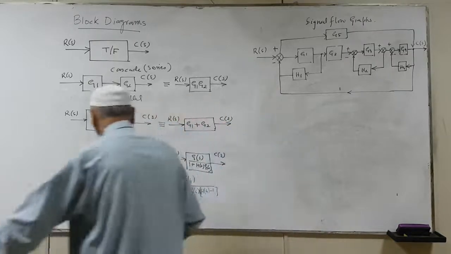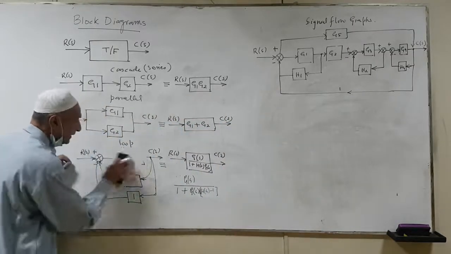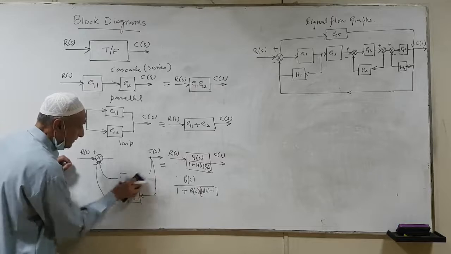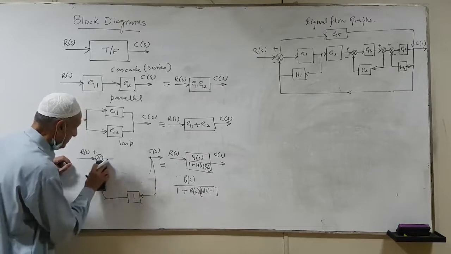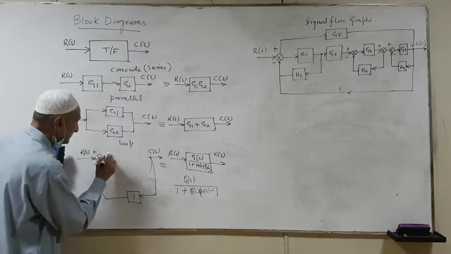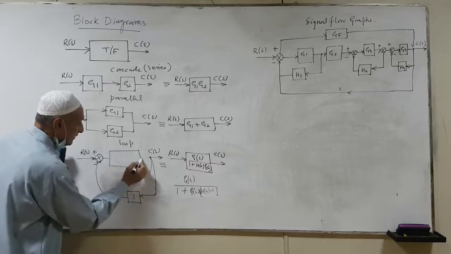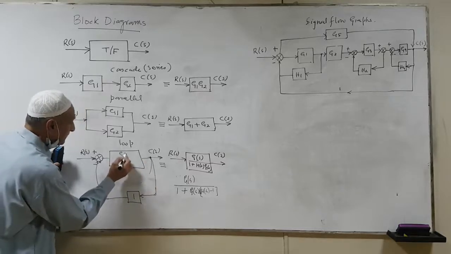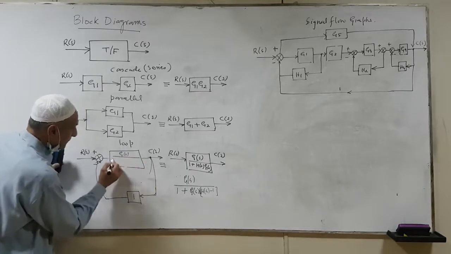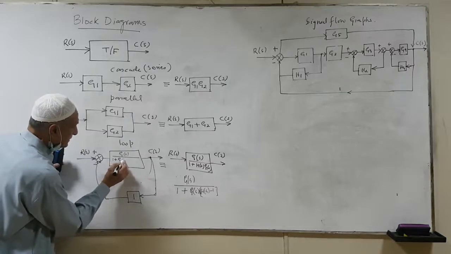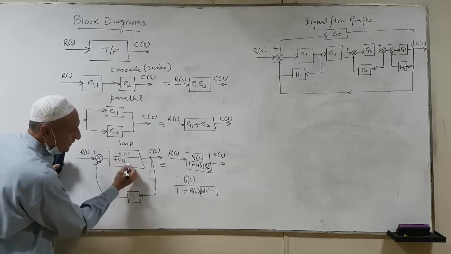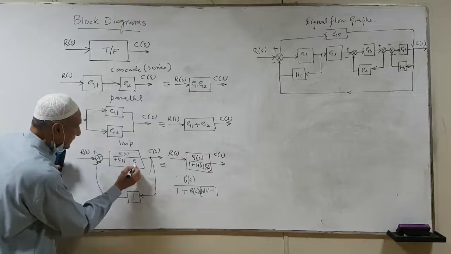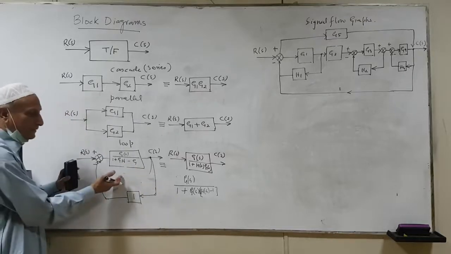So if we simplify this one and put it right away over here in one block, we will get G(s) divided by 1 plus G(H), I'm not using s, minus G. So you get this one.